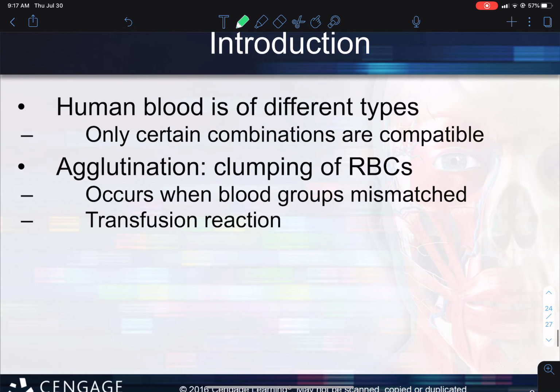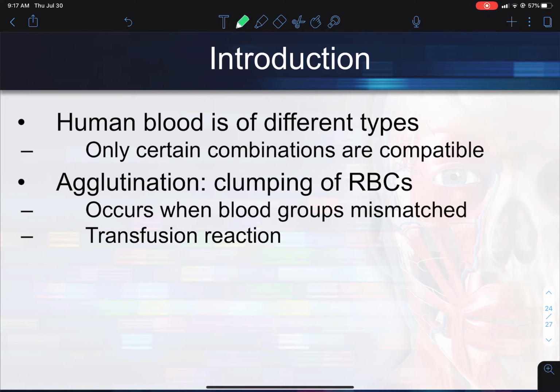All right, blood groups. How do we identify the difference between A positive, B negative, and so on? There are all sorts of different blood types, and they're all predetermined, usually by genetics. There are a variety of types, but not so many that there is not enough similarity, right?